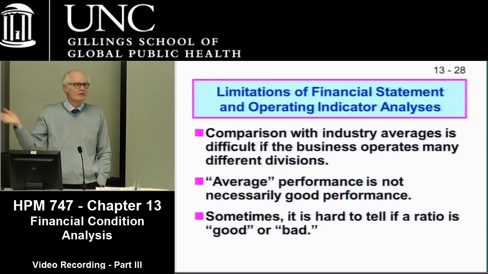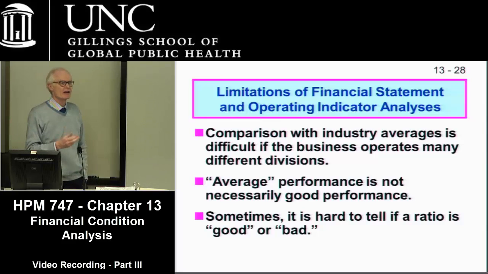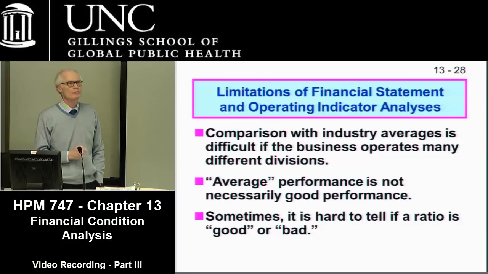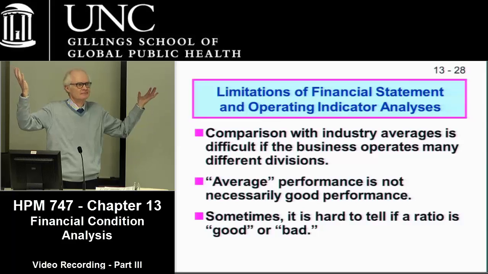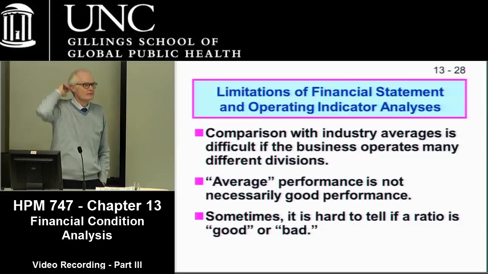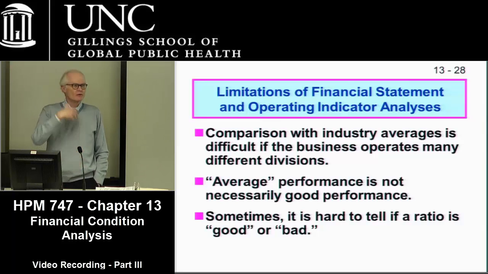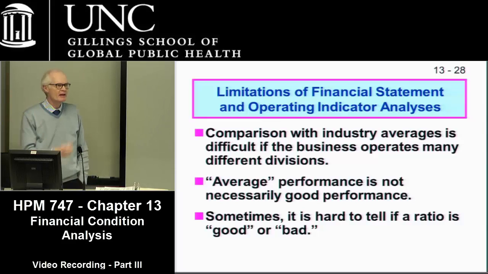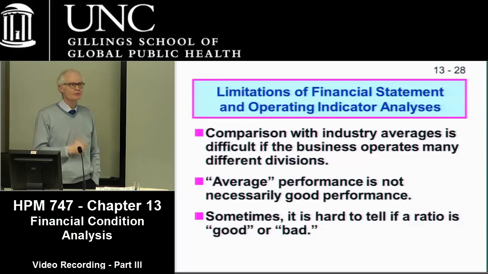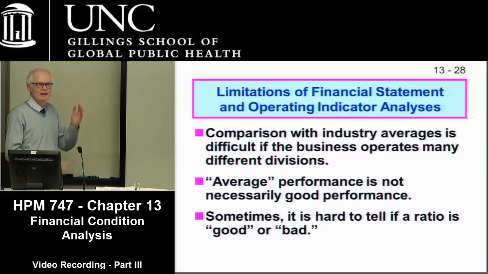If everybody in the industry is losing money and you've got a total margin of 1%, you're doing great. If everybody else is making 15, 20% and you're making 10%, you're not doing so great. So comparing with averages is really a moving target.